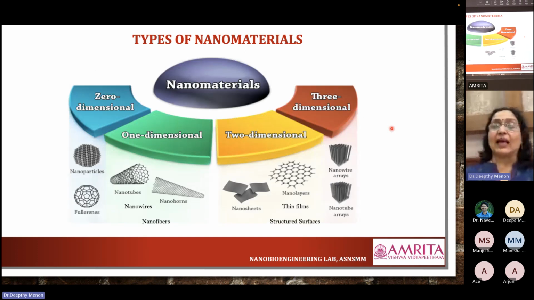These materials can either be zero-dimensional, one-dimensional, two-dimensional, or three-dimensional. As you can see, there is an array of materials, starting with nanoparticles to nanofibers to nanostructured surfaces to three-dimensional nanowire arrays or nanotube arrays.